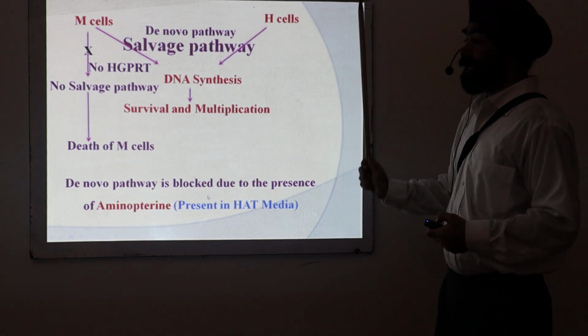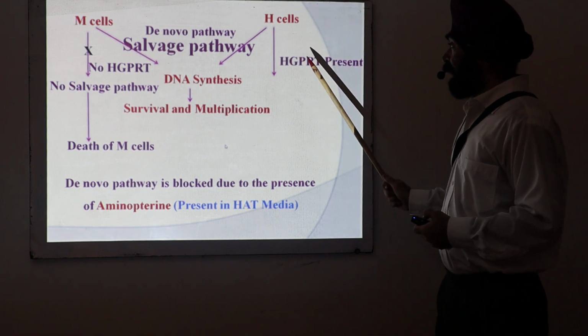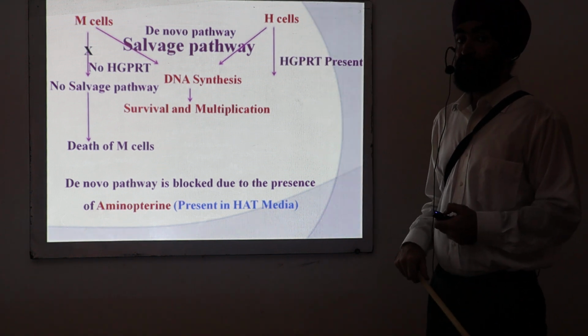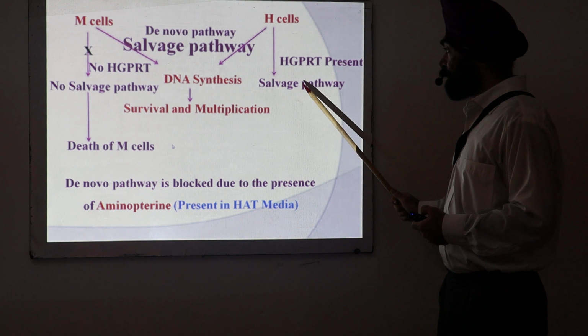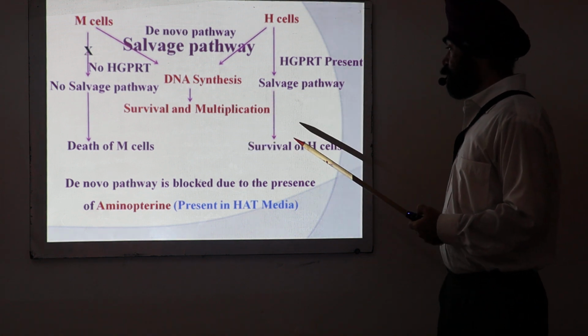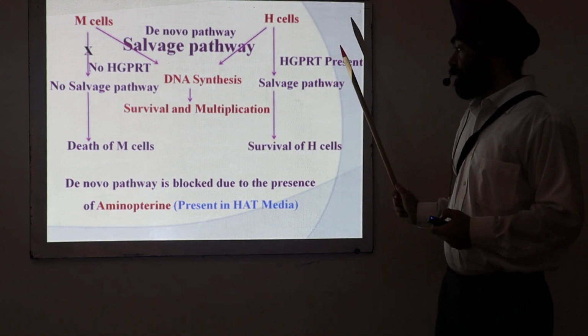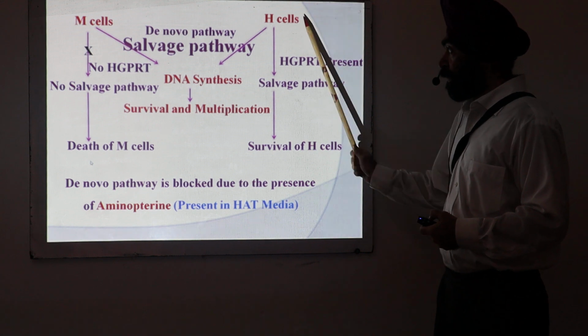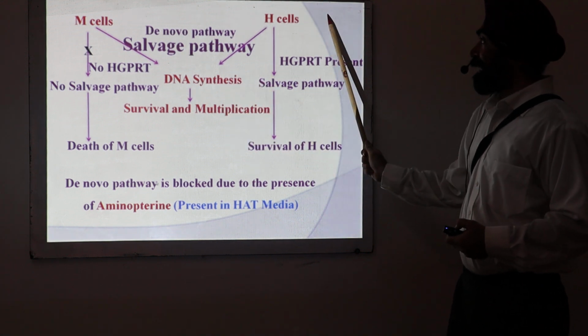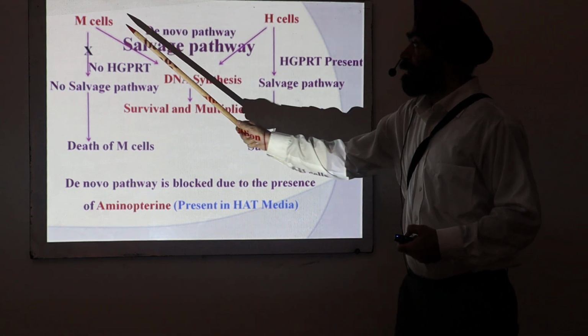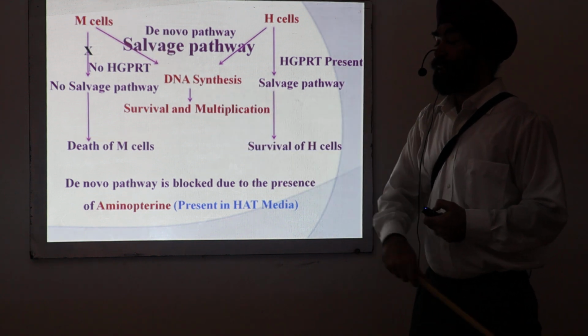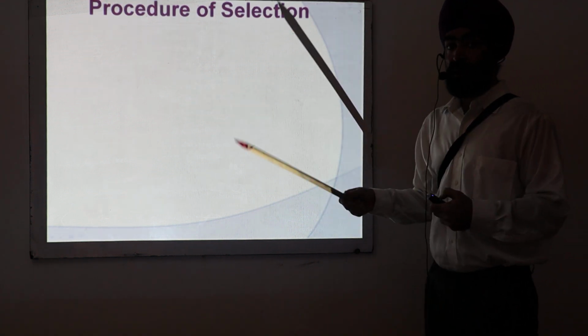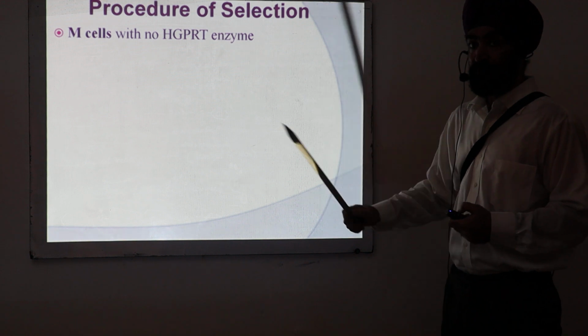But look at the H cells. They have the HGPRT enzyme. So they can use the salvage pathway, form DNA, and survive. This is how you are selecting H cells from the M cells. The M cells are killed.